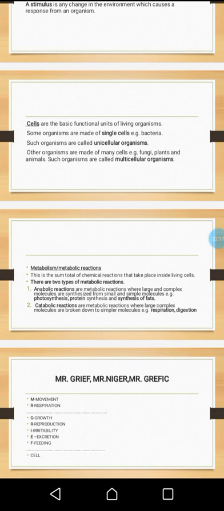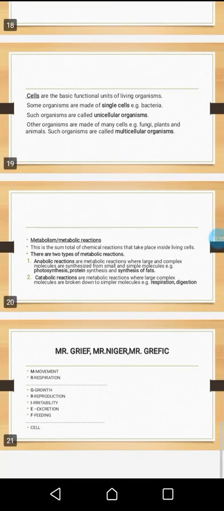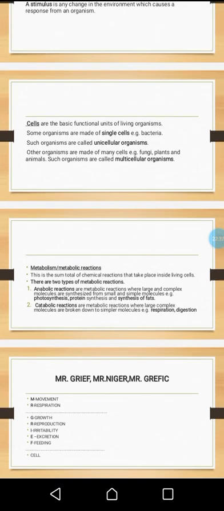Then we have catabolic reactions. These are metabolic reactions where large complex molecules are broken down into simpler molecules, e.g. respiration and digestion. Once you eat cassava, that cassava has to be broken down. So digestion starts from the mouth. You chew using your teeth, and then we have an enzyme, salivary amylase, which acts on uncooked starch.